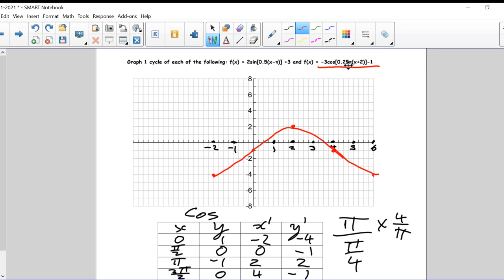You'll notice that these two tend to go together. If you have pi here, then you have no pi here. Over on this side, you have no pi here, and you have a pi here. This is when you're going to have a pi scale. This is when you're going to have a no pi scale. Because putting the pi in the k cancels out the pi, is what we're saying.